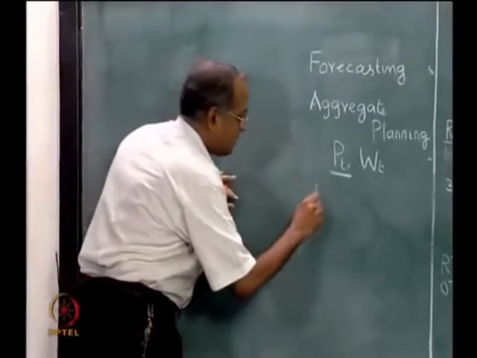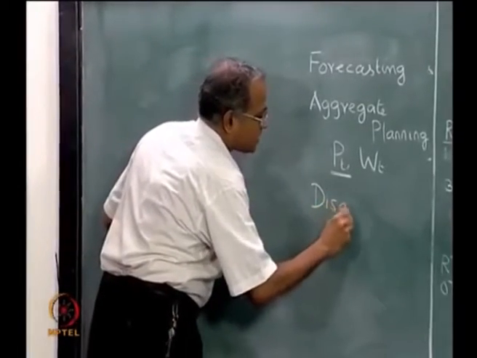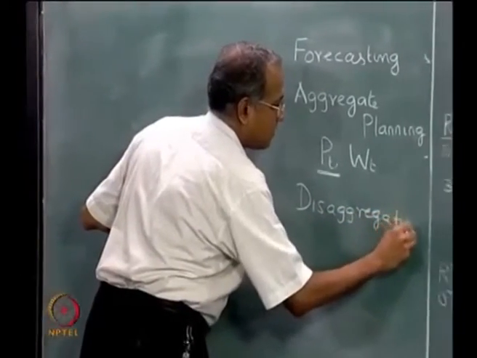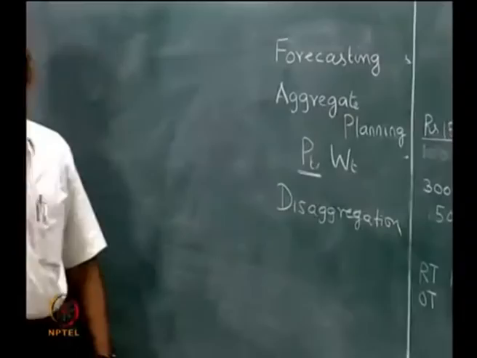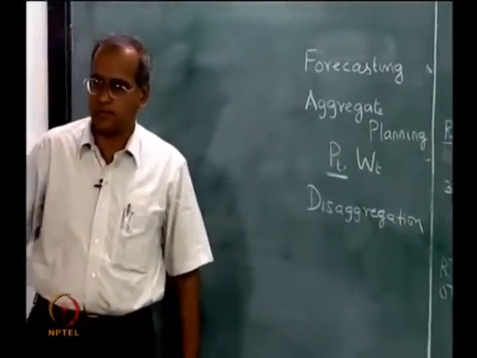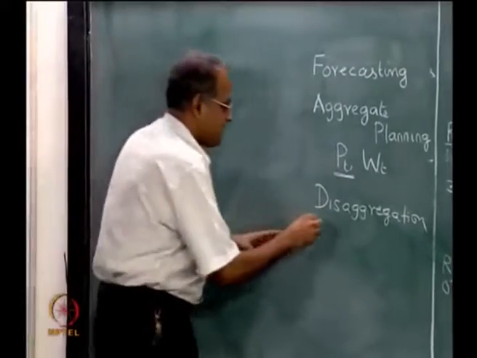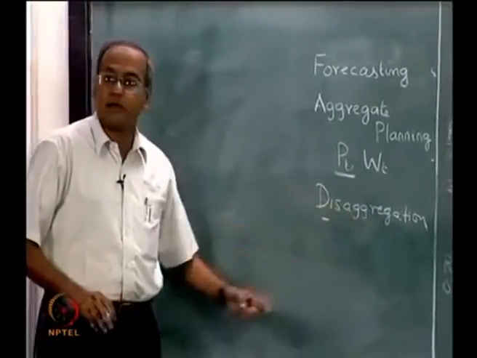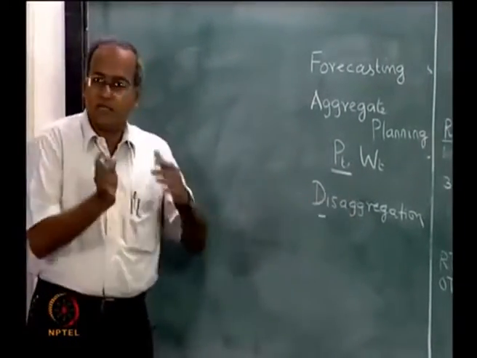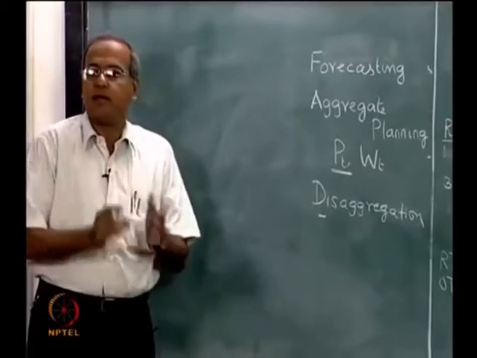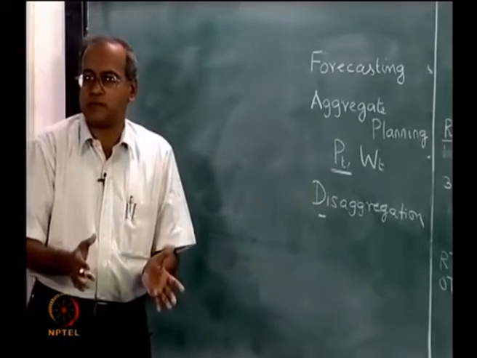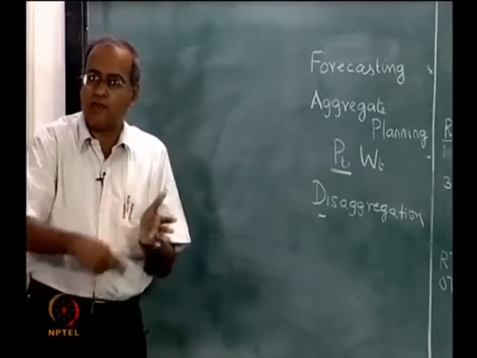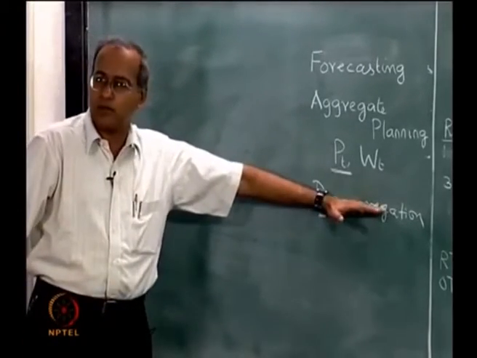Now, that is answered in what is called disaggregation, sometimes called master production scheduling. Now, after we answer this disaggregation, here at this point we are going to say that, well, this product is going to be made in the next 2 periods. So, we also try and find out when these products are going to be made.